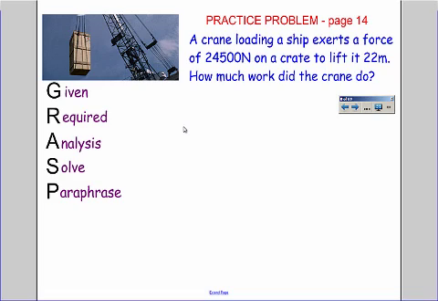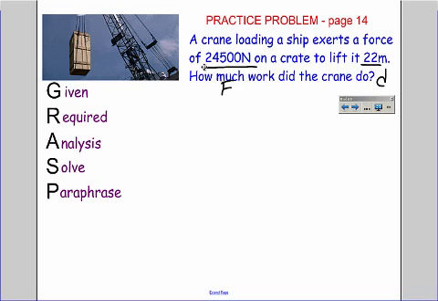A crane loading a ship exerts a force of 24,500 newtons on a crate to lift it 22 meters. We know it's in newtons, so we know that's the force. And 22 meters has got to be a distance. So we're going to write down what we're given.